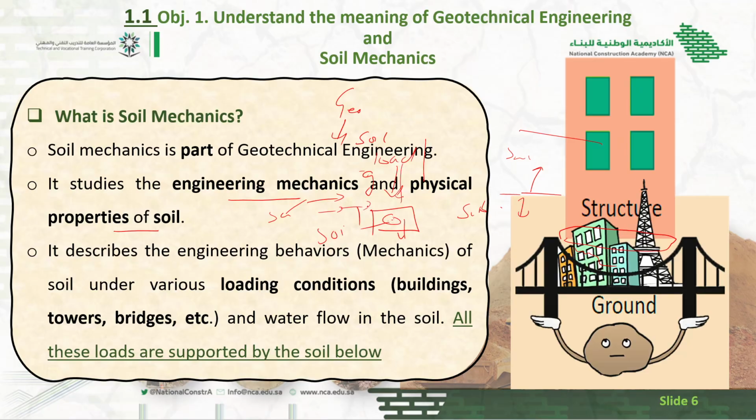Gravity is always there, but sometimes lateral forces happen as well. We check whether the soil is still stable or not, and how much capacity it has to take load from gravity.